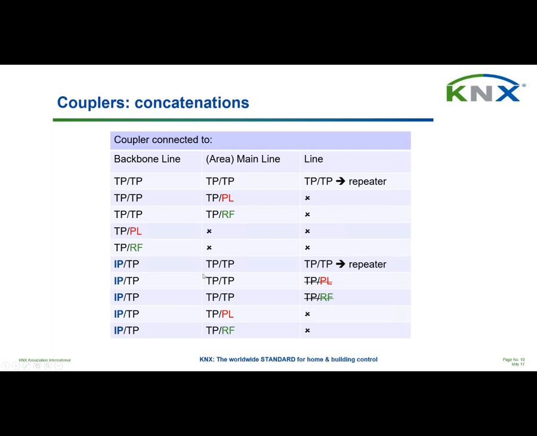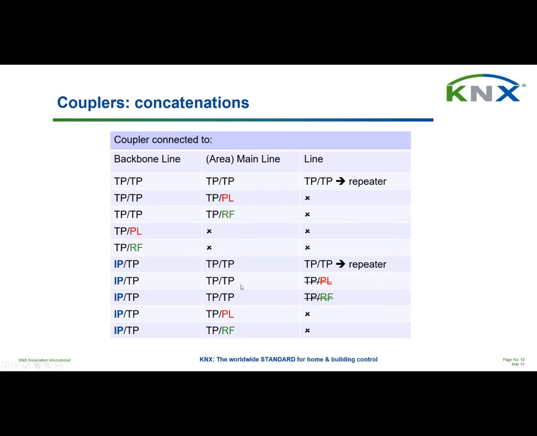Then for IP twisted pair, you start with IP TP in the backbone. You can put then a twisted pair to twisted pair coupler. In that case, you can then also still add another twisted pair, but then it is a repeater.